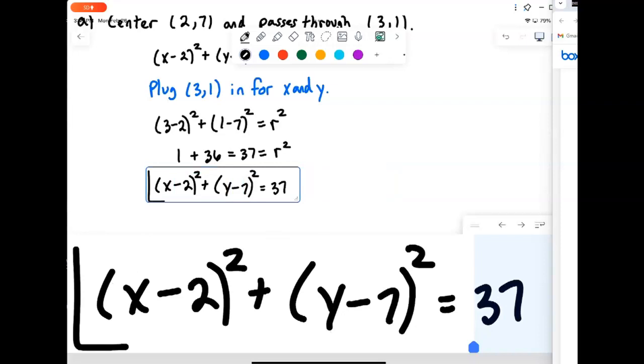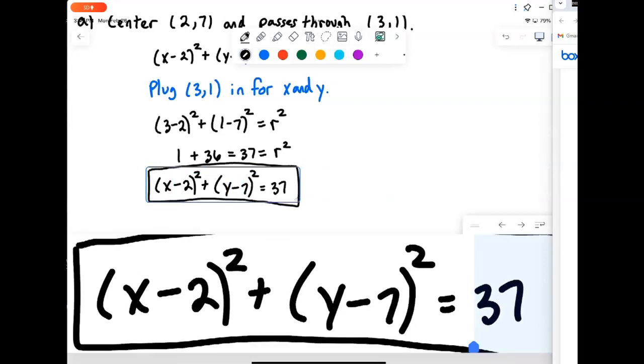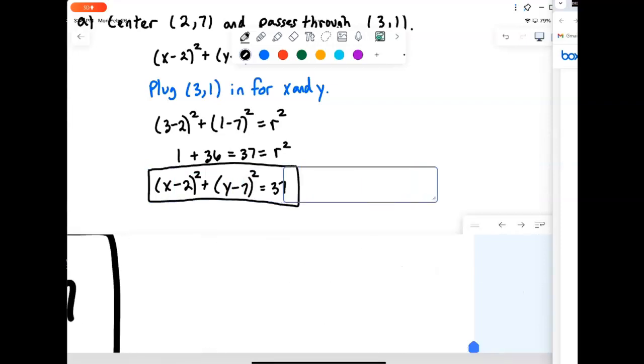And now we have the equation of the circle that has a center at (2, 7) and passes through the point (3, 1) in this case. All right, so that's just the first example here.